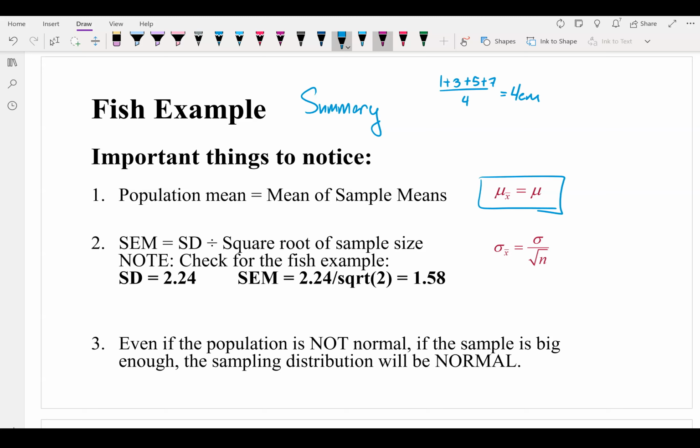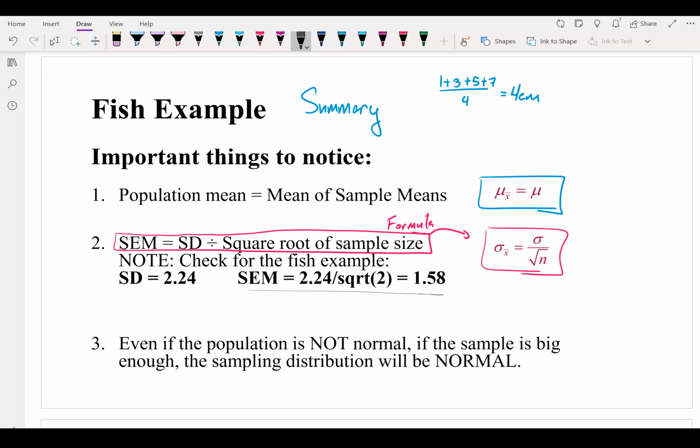Second, the standard error of measurement is the standard deviation divided by the square root of the sample size. So in our case, maybe I should put that in a box, that's a formula. Check for the fish example, the standard deviation was 2.24.